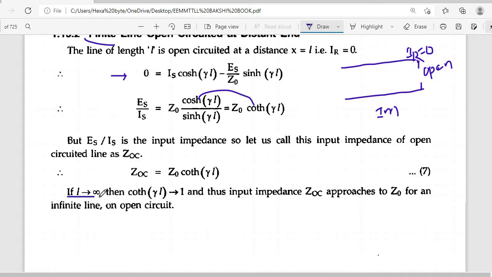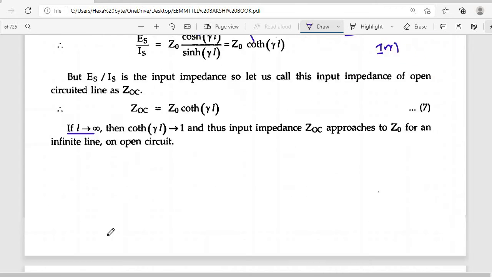Again, if L tends to infinity, then coth γL is said to be 1, and thus the input impedance ZOC approaches Z0 for an infinite line and open circuit.